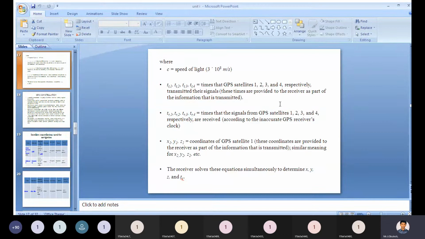transmitted their signals. That is, these times are provided to the receiver as a part of the information that is transmitted.